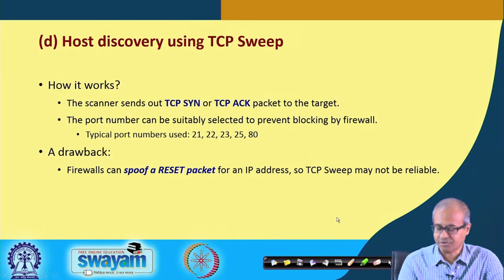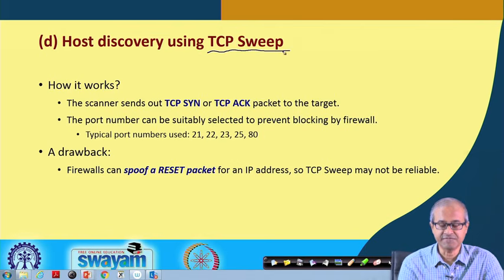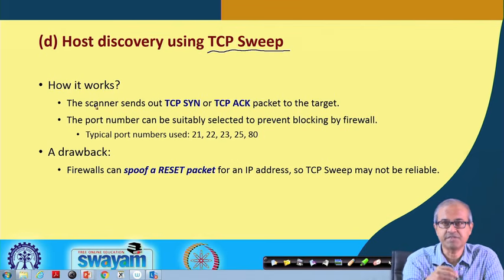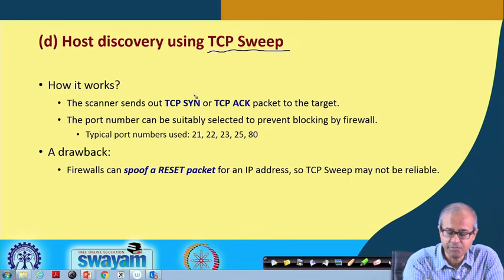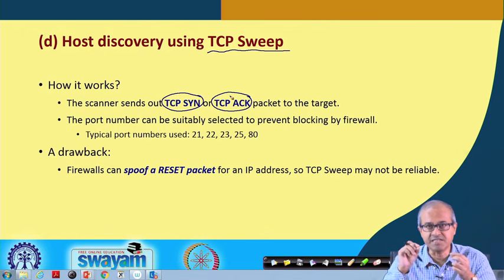So, there are other methods also. There is a method that uses TCP sweep. The idea is very simple. The scanner, that means the person who is trying to discover, will be sending out TCP SYN or TCP acknowledge packet. That means a TCP packet with the SYN flag set to 1 or the ACK flag set to 1. If such a packet is sent to a server, it may mean that someone is trying to establish a connection.